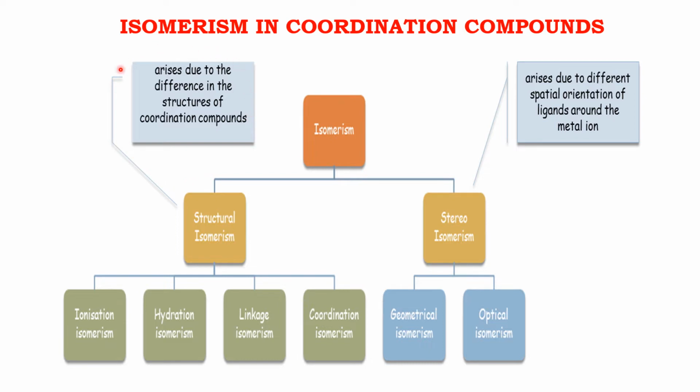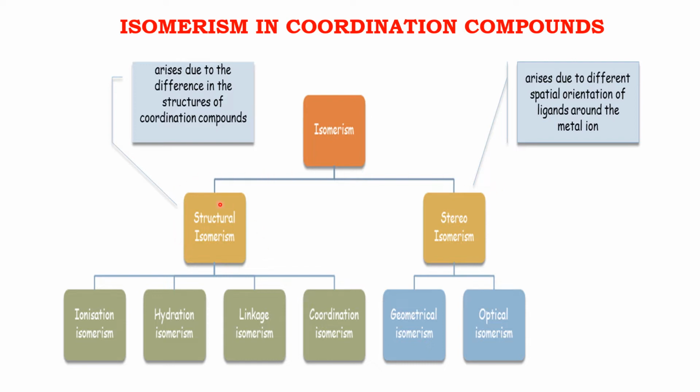But stereoisomerism arises due to different spatial arrangement of ligands around the central metal atom. That means in stereoisomerism, the spatial arrangement is different but the structural formula and molecular formula are the same. That means the metal ligand bonding is the same.